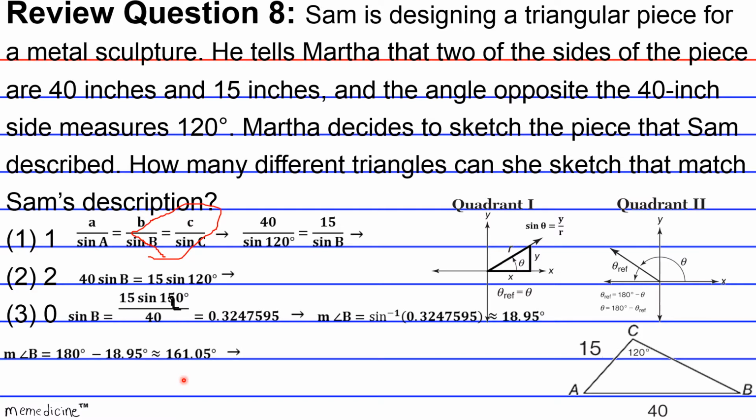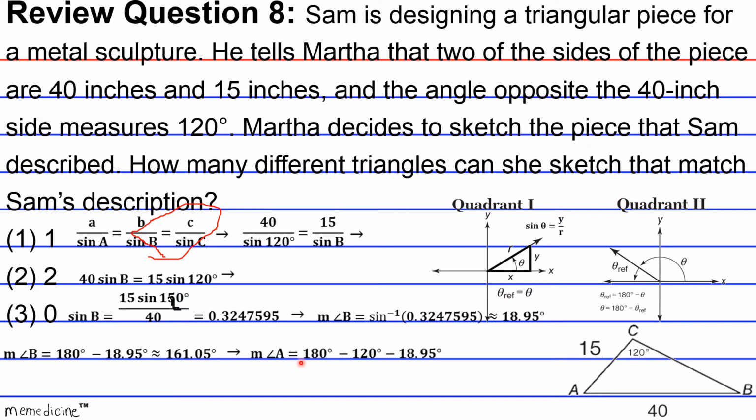So there are still more steps that we have to do. We know the possibilities for the measure of angle B. Now we have to find out the possible measures for angle A, okay? So based on the assumption that angle B is not obtuse, it is acute. Sorry, I had a brain fart for a moment.